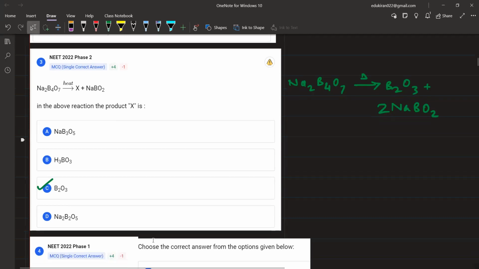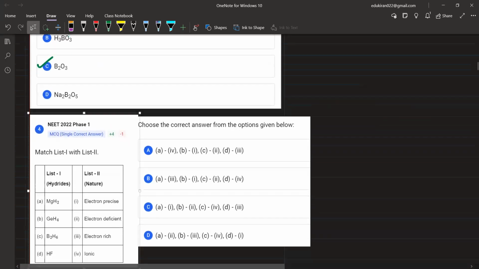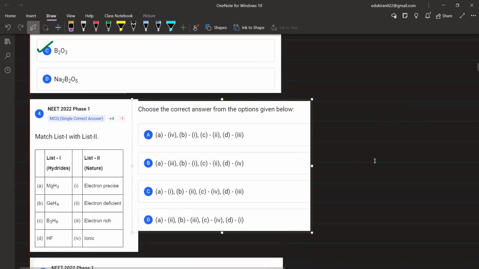Moving on. Yes. ये थोड़ा सा आप लोग कर सकते हैं. Try this one. Here you have options. Electron precise यानी कि 8 इलेक्ट्रॉन होंगे exactly. Electron deficient यानी कि it will be having less than 8 electron. ठीक है. And if it is electron rich, इसका क्या मतलब हुआ?